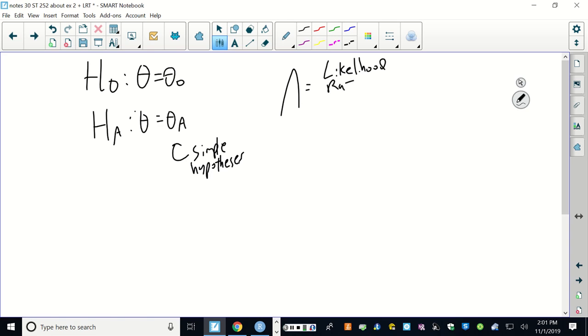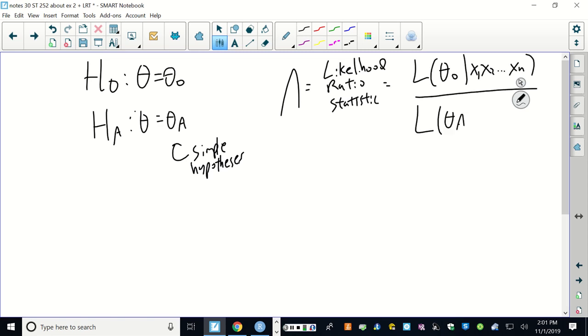Right? And so the likelihood ratio, I'm going to call it a capital lambda, the likelihood ratio statistic, is going to be the likelihood at theta 0, and just to remind us that we have a bunch of data points there, divided by the likelihood at theta A. That's how it's usually written.